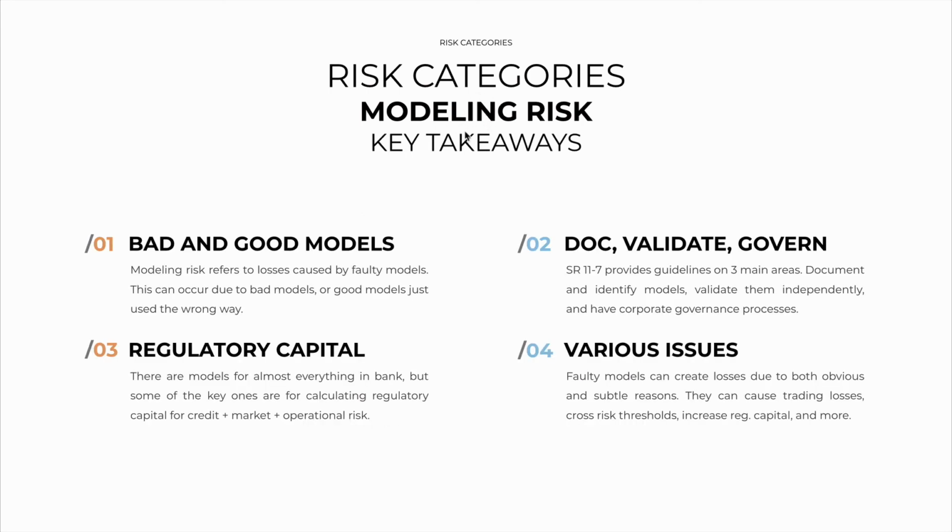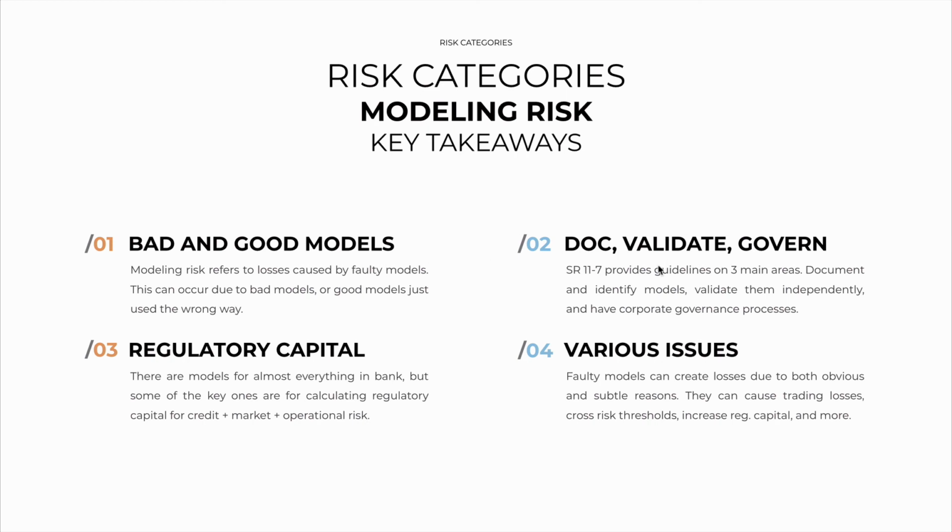What are our key takeaways here? The first is that modeling risk refers to risk losses caused by faulty models. And this can occur due to bad models, which are deficient by design, or just using good models in the wrong way by feeding them bad information.